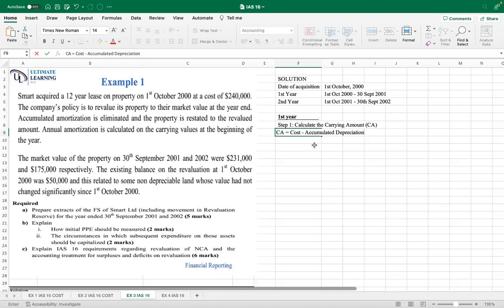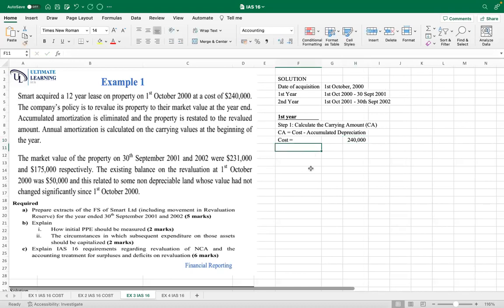Whether you understand the question or you don't, follow the 4 steps we learned. If you follow the 4 steps, you will always turn out to be right. So the cost of the asset is 240,000. The cost on the date of acquisition is 240,000.